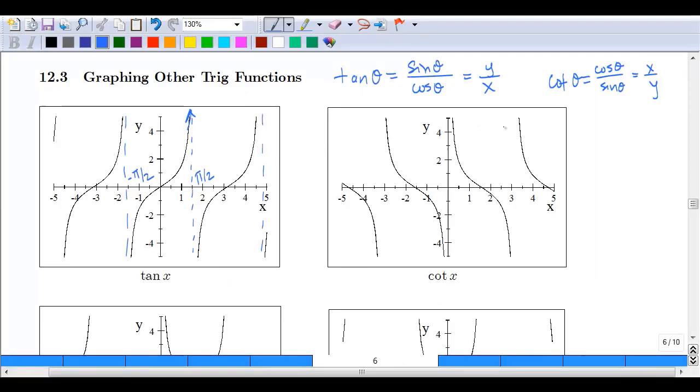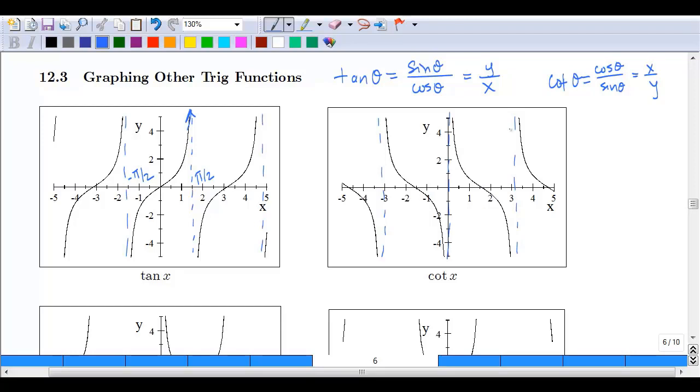So that's where we get our asymptotes for our cotangent function. Again, these are just taking those ratios of either y to x or x to y. And it just follows this kind of S-shaped curve, if you will, and that's what the cotangent and tangent functions look like.